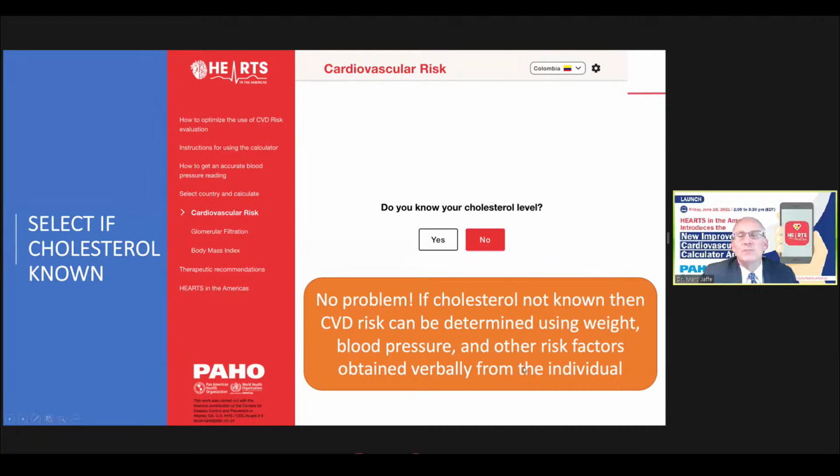And let's suppose for this person, we do not know the cholesterol level. No problem, as Dr. Taher said. We can use other risk factors, which generally don't require any laboratory testing.